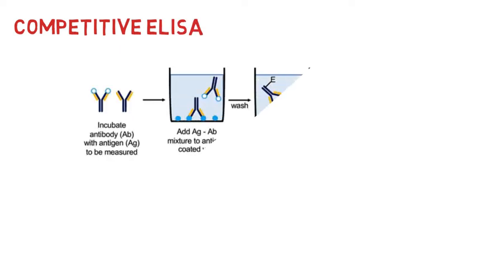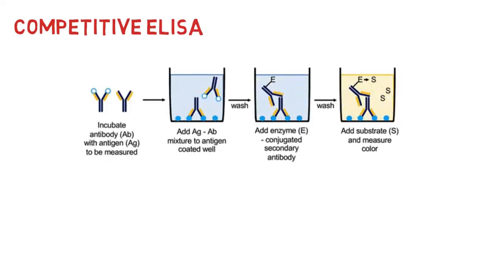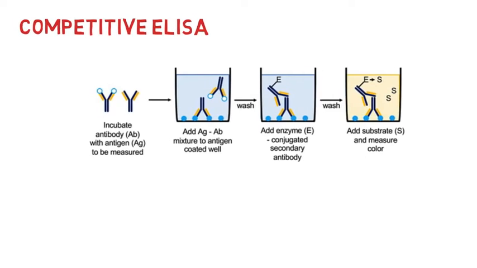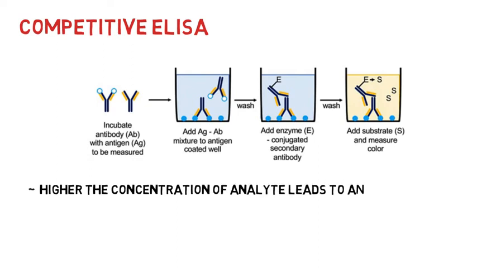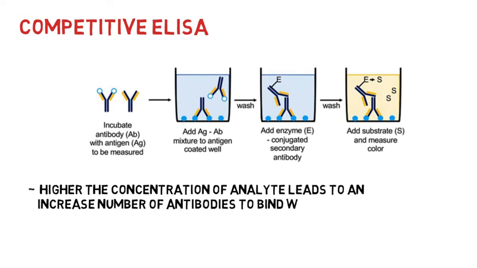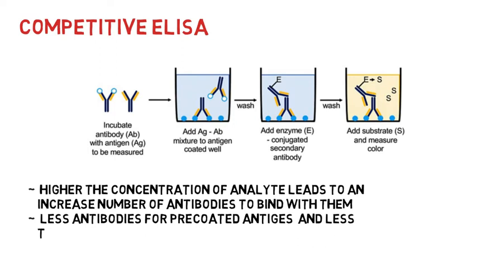Incubate the antibody with the antigen to be measured. Now add this antigen-antibody mixture to a microplate well pre-coated with the same analyte. Now add enzyme conjugated antibody, add substrate, and color intensity is measured. The higher concentration of antigen in the sample leads to an increased number of antibodies binding with them. Consequently, fewer antibodies are available to bind with the coated antigen and the color intensity is less.